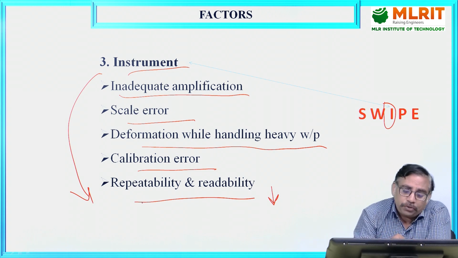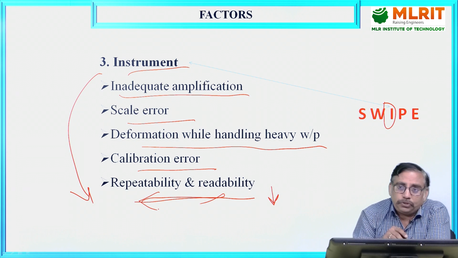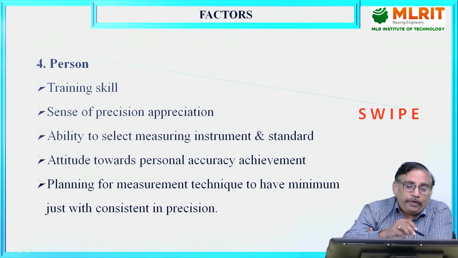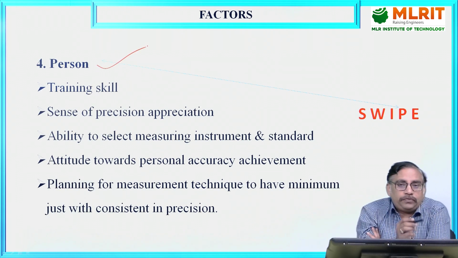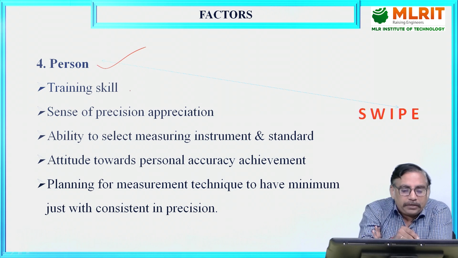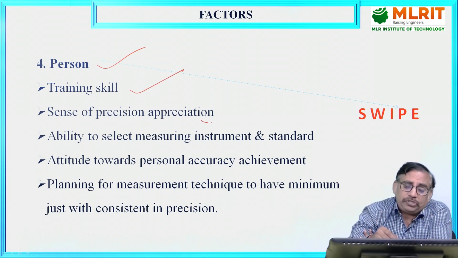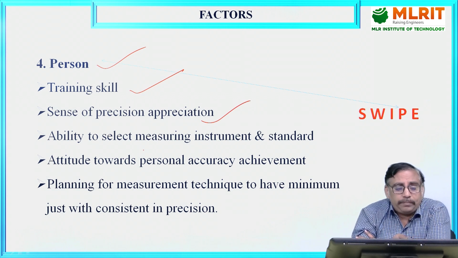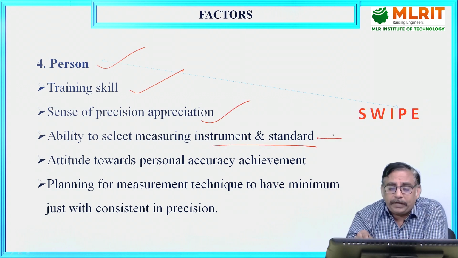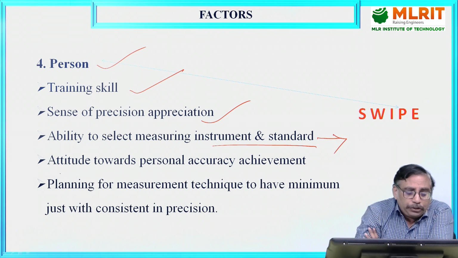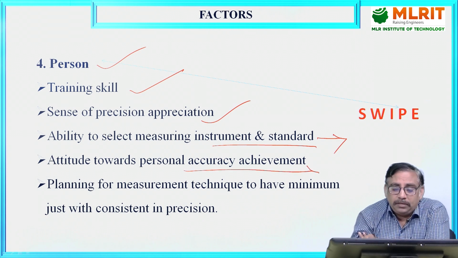For all of these, readability and repeatability should be there. So coming to person, that is human. Humans, for every equipment, need particular training skills, a sense of precision appreciation, the ability to select the measuring instrument and standard for a particular measurement, and an attitude towards personal accuracy achievements.